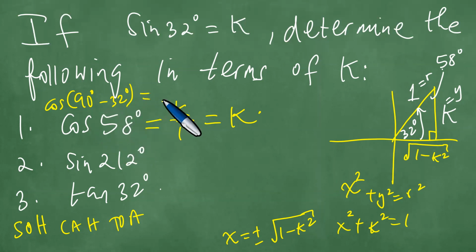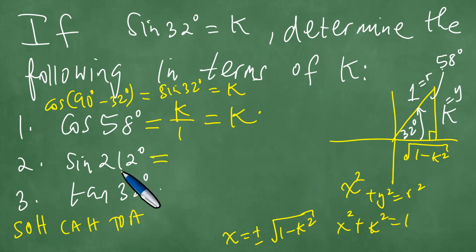In the first quadrant everything is positive, but it's a cofunction change at 90 degrees by the co rule, which means you have the sine of 32 degrees, and the sine of 32 is k. So there are many ways to do the question. The cosine 58 is k.